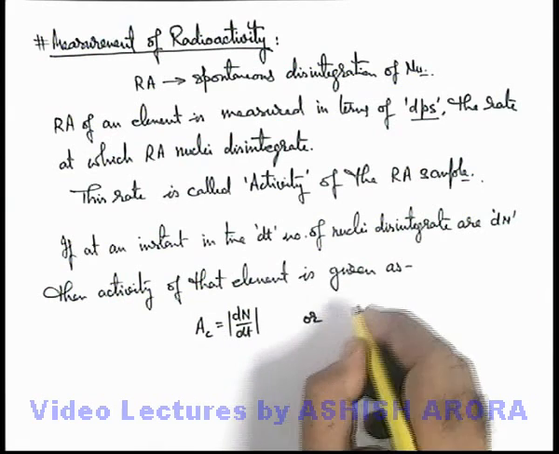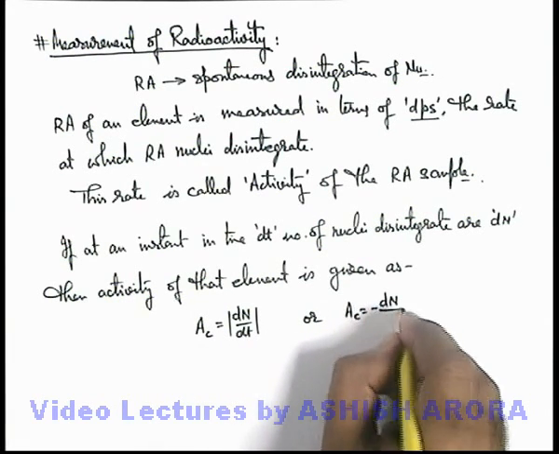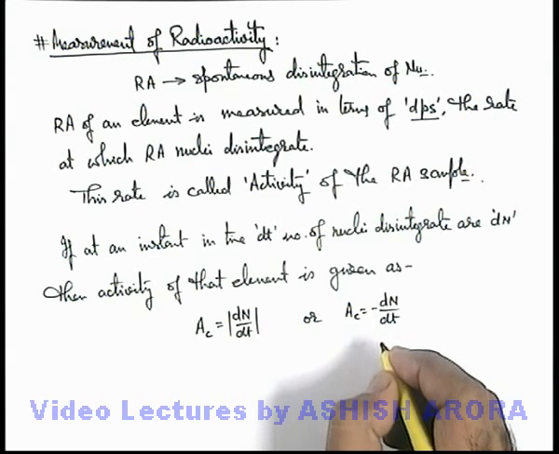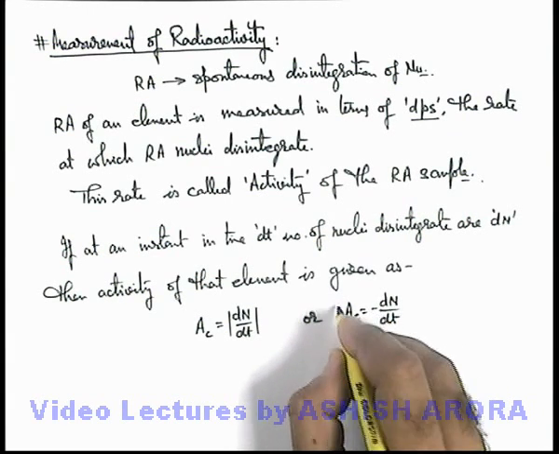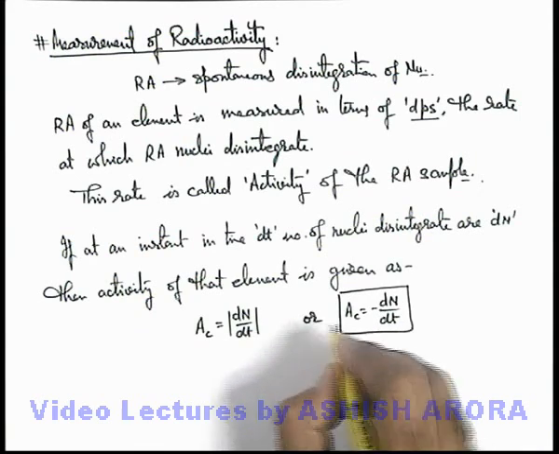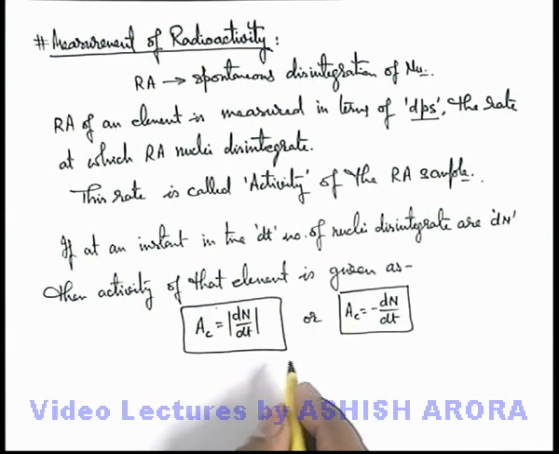Or if we just remove the modulus sign, it will be minus dN by dt, as due to radioactivity the number of nuclei, the number of parent nuclei, will always decrease. So you must be careful about the magnitude as well as the sign of this activity.